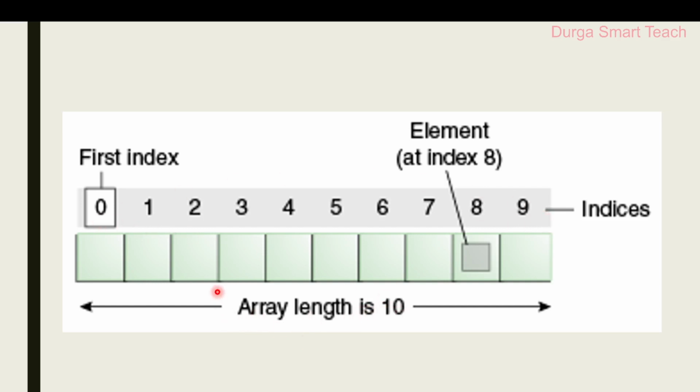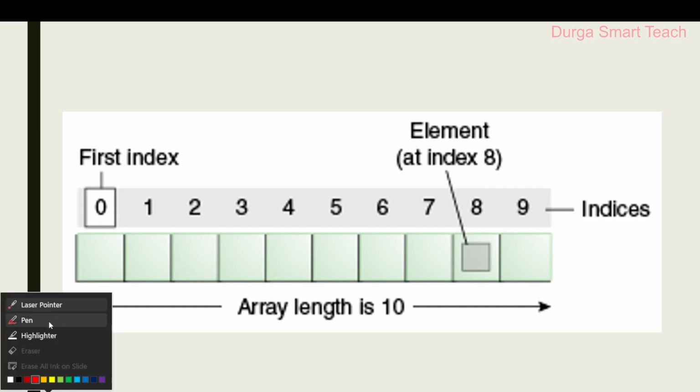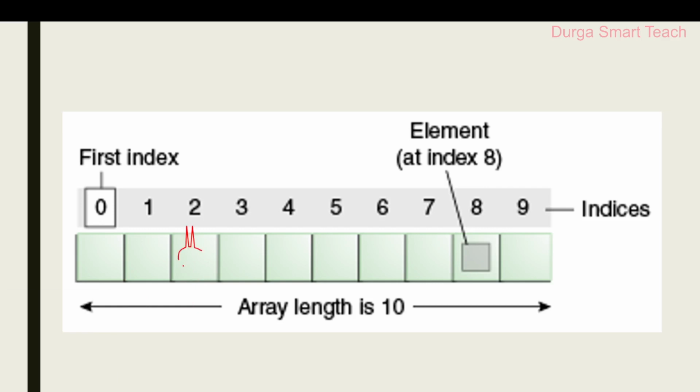Okay, so if you want to represent any element, for example, these elements, you can represent them by using the index value. For example, here maybe the value is 80.